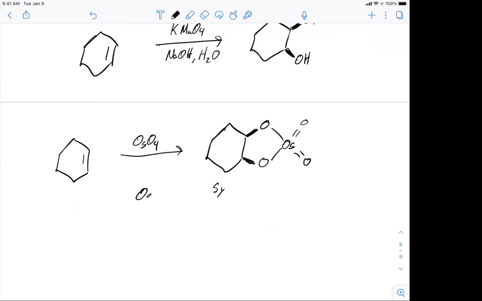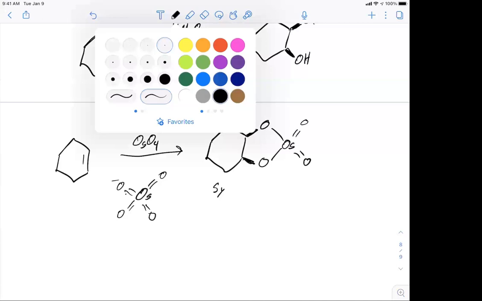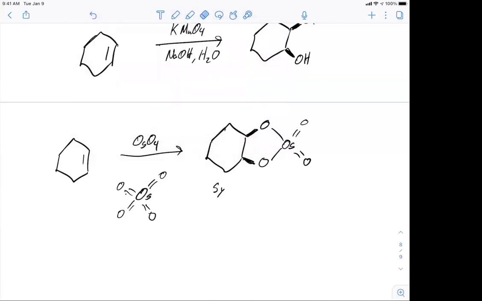So the osmium tetroxide starts out as a planar species, so therefore both of those oxygens have to come from the same side, so we get syn addition.